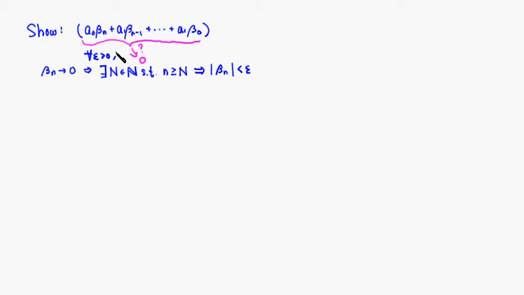So what we're going to do is I'm going to actually write this sum backward. So look at this sum. We know that A1 times beta 0 plus A2 times beta 2. Oh, actually, I think I messed this up.